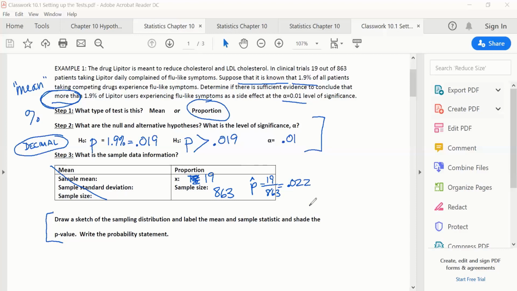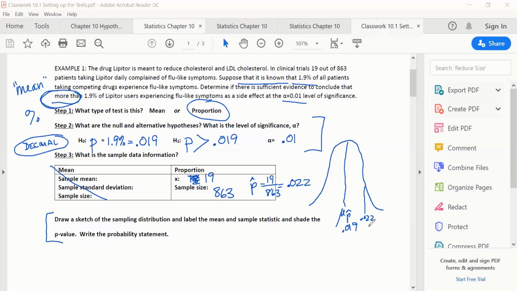So we're looking at a sampling distribution for p-hat. We have mu sub p-hat here. And that's our original mean of 0.019 from the problem. Now our sample is over here to the right because it's 0.022.